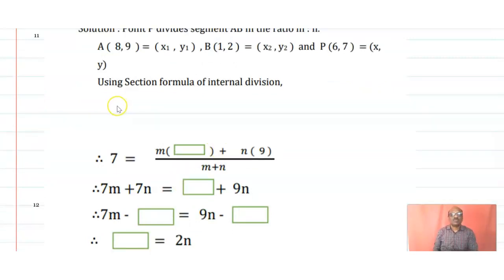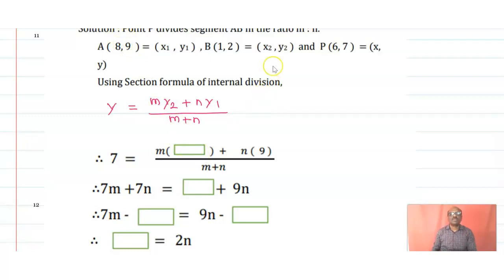Okay, what is that formula? Here the formula for the y coordinates. That is y is equal to (m y2 plus n y1) upon (m plus n). Now substitute the value of y2 here.